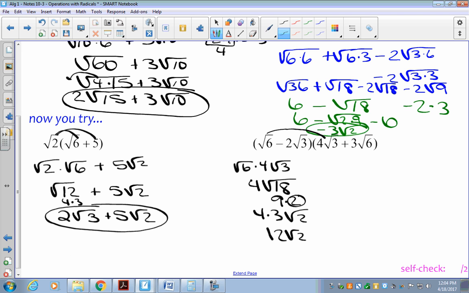Alex, are you ready for the second one? So we got root 6 times 3 root 6. So let's combine the root 6's together to give us the square root of what? But that's a perfect square, right?